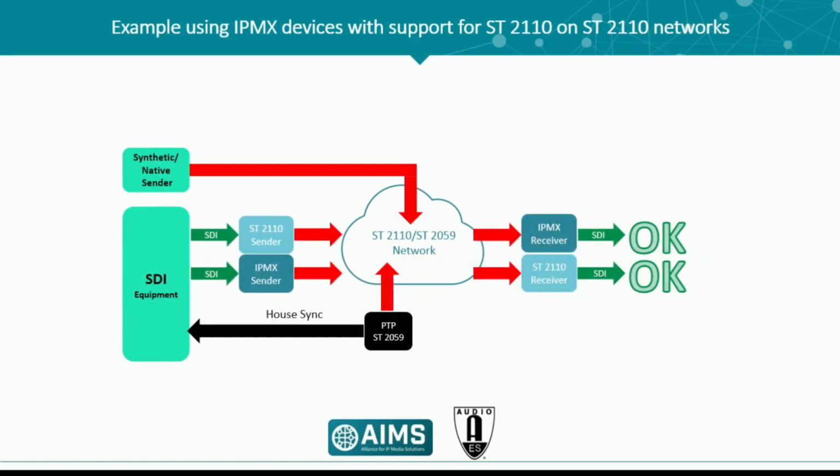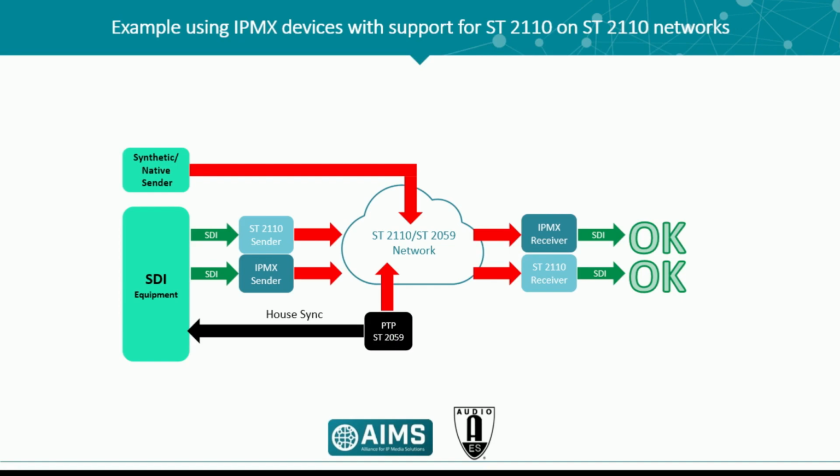So let's look at a couple of pictures to help illustrate what happens when you put IPMX equipment on these different types of networks. So in this particular picture, we see the conditions of a SMPTE 2110 network. So all of the sources are already synchronized. You see the SDI equipment is synchronized to the house sync, or if it's a native 2110 sender, it's synchronized to the PTP of the network.